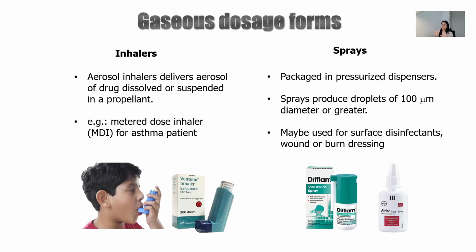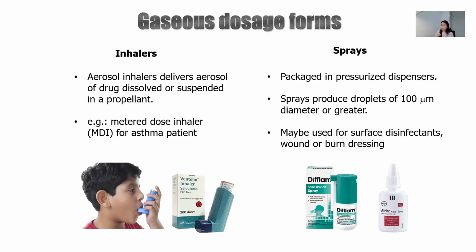The aerosol inhaler delivers an aerosol of drug dissolved or suspended in the propellant. When we press, the propellant comes out, the patient inhales, and the drug is administered into the lungs. Inhalers are usually used for patients who suffer from respiratory problems like asthma.